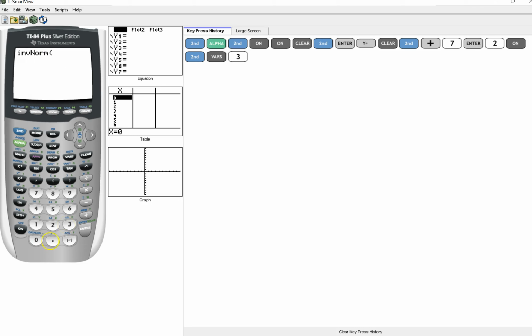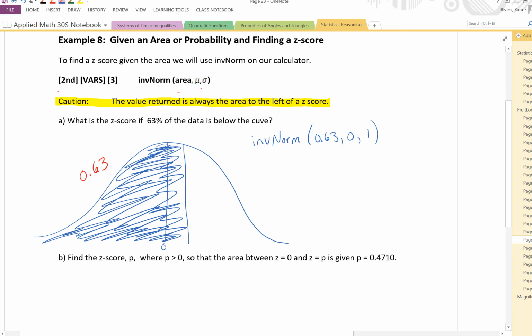So I'm looking at 0.63, comma, 0, comma, 1. Close that off. So 0.33 is our z-score. So you can write z is equal to 0.33, and that's my final answer.